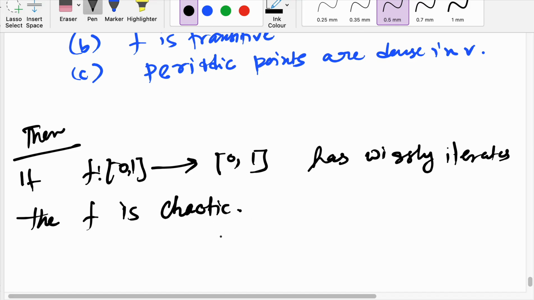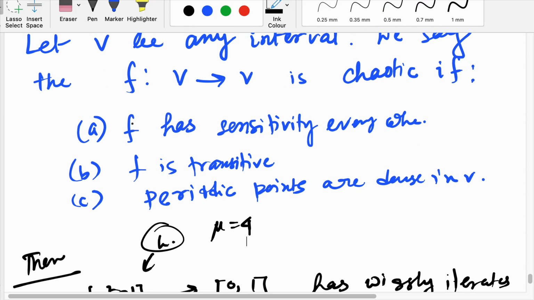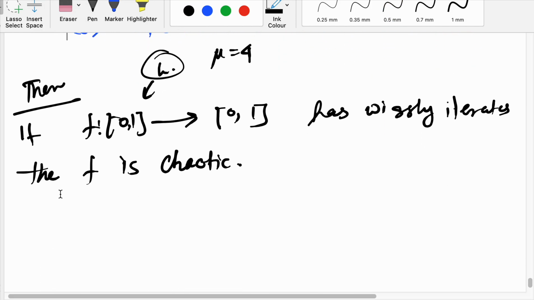Now we have proved that the logistic map is wiggly in nature at mu equal to 4, and the theorem says that since it has wiggly iterates, it holds these three conditions of chaos. That's why we can now mathematically say that the wiggly iterate is chaotic. That means at mu equal to 4, the logistic map has chaos in itself.